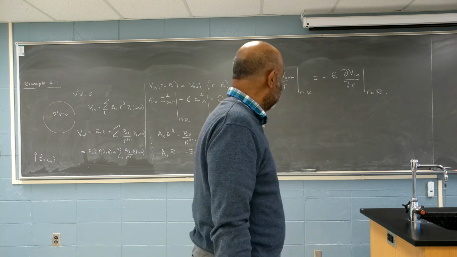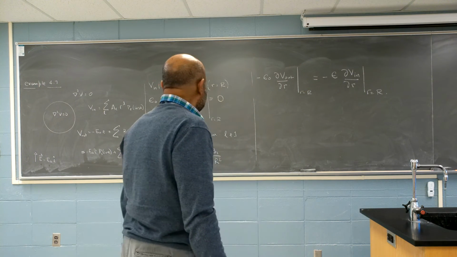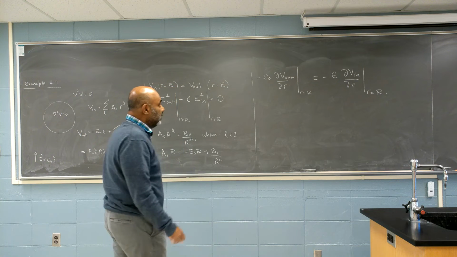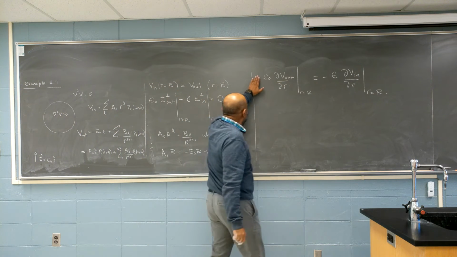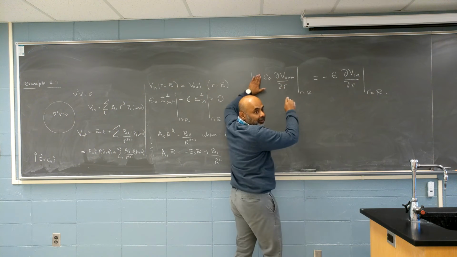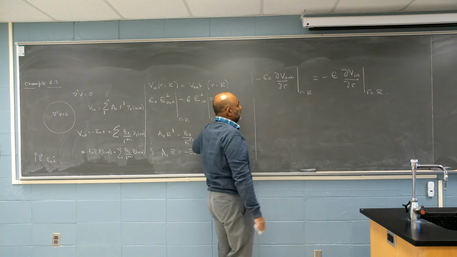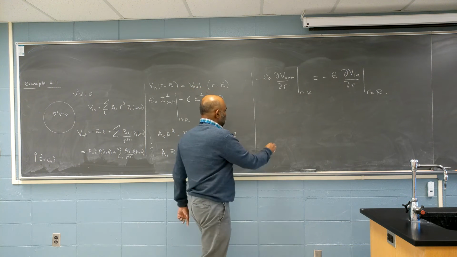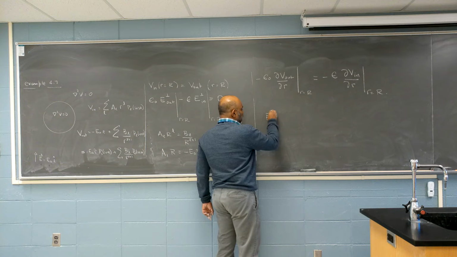Are we taking radially outward to be the negative? No, no, no. E is negative the gradient. Oh, yeah. Yep. So it should actually go in here. All right. So let me clarify.